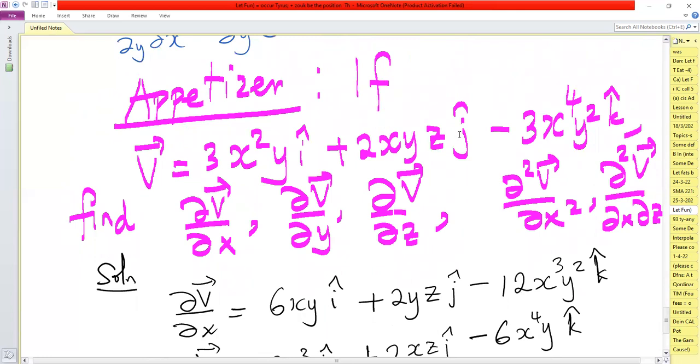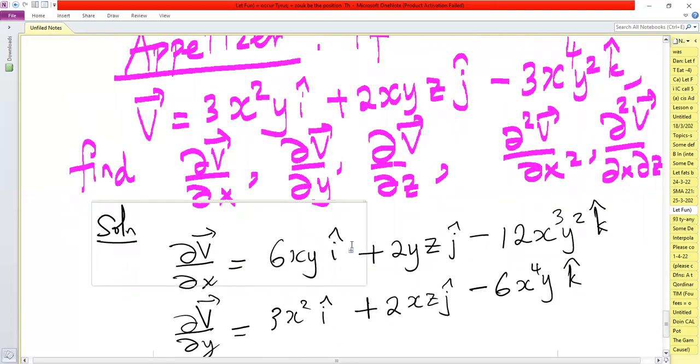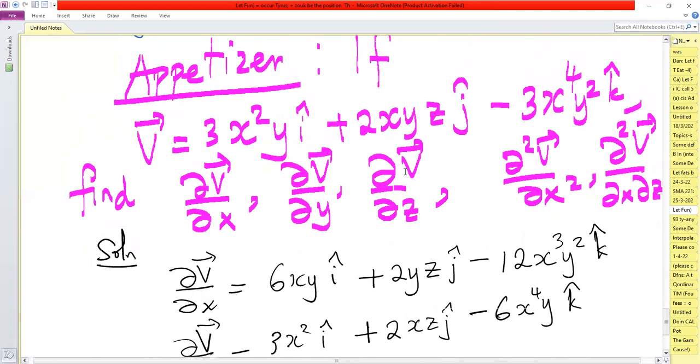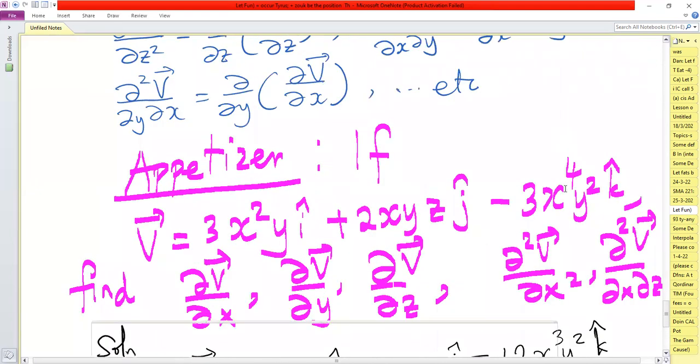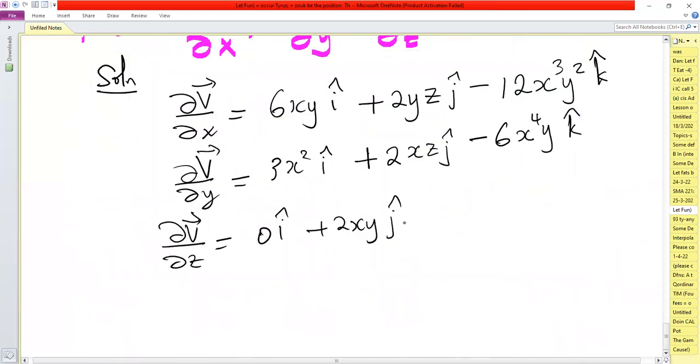Then for the j component, differentiating with respect to z we get 2xy, not z. And for the k component, there is no z here, so we get 0. So this is just the same as 2xy j.